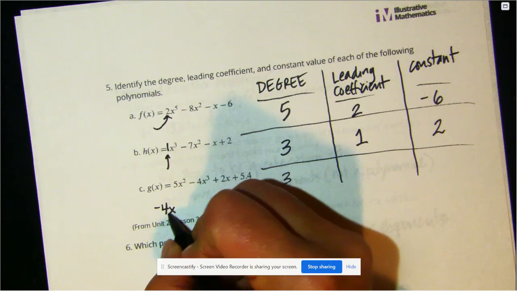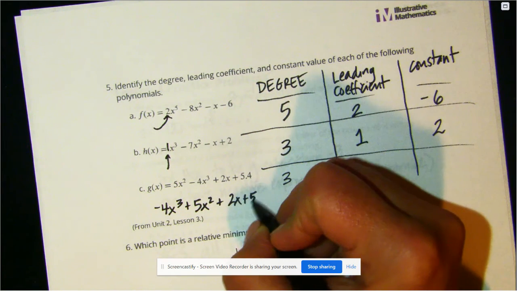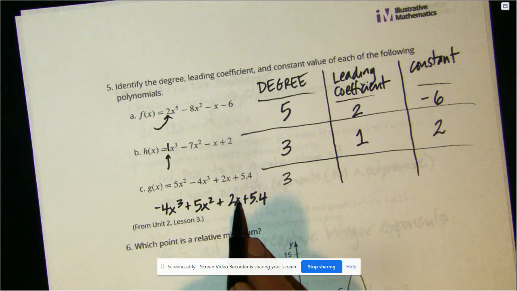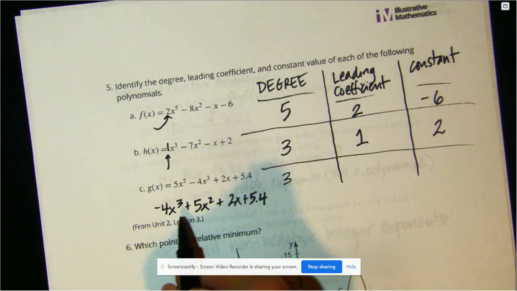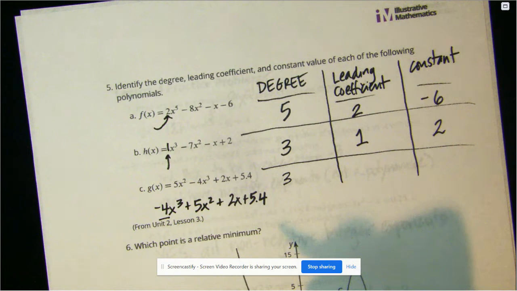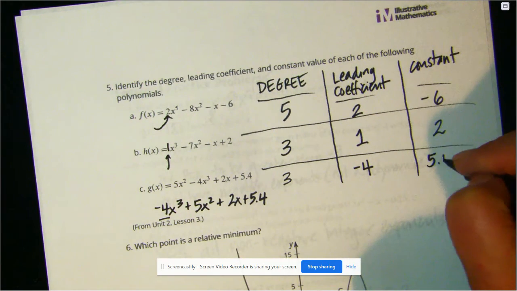If you want, you could rewrite it in order: highest power, 3, 2, 1, none. And the reason I want to look at it like that is because that's your leading coefficient, the number in front of the highest powered term. And then the constant is 5.4.